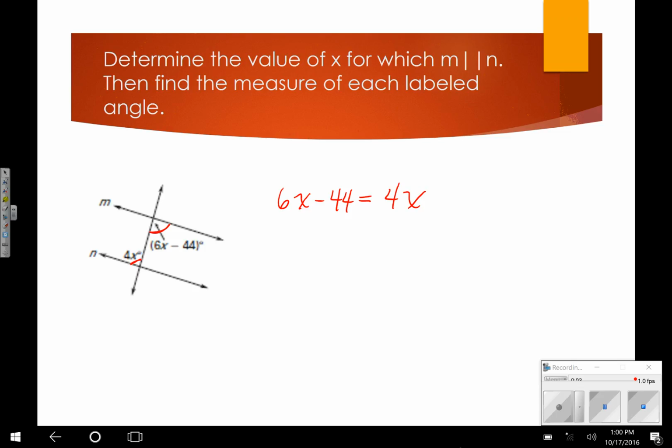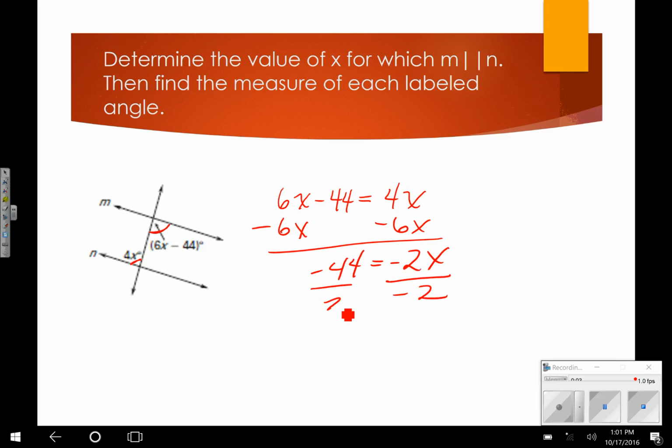So what am I going to do? I'm going to subtract 6x from both sides. I'm going to get negative 44 equals negative 2x. I'm going to divide by negative 2, so x equals positive 22.